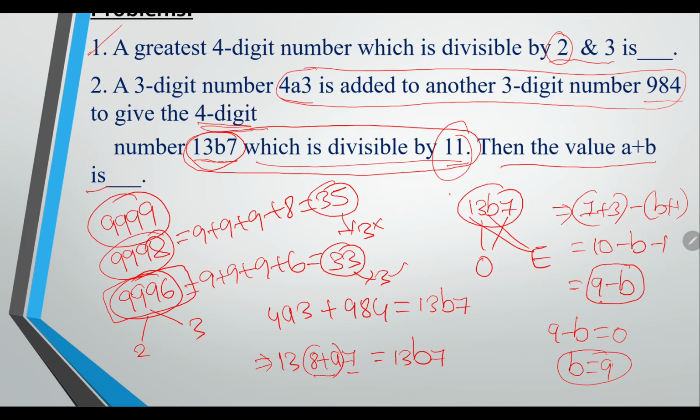As per similarity, here the ones digit is 7 and here also 7, and the hundreds digit is 3 and here as well 3. The thousands digit is also the same, so the tens digits will also be equal. So 8 plus A is equal to B, which is 9. Then A is equal to 1. So we got the values of A and B. Let's add them: A plus B is equal to 1 plus 9, which is equal to 10. So the answer is 10.